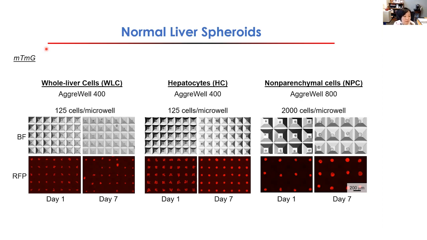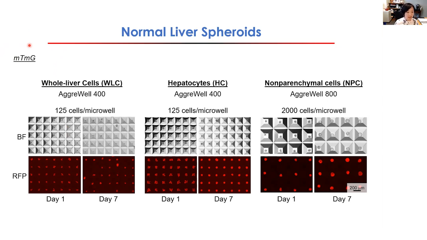And we use a mouse strain called mTmG. This mouse strain has a very strong tdTomato, a red fluorescent protein, expressed in every single cell of its body. So when we get the liver cells out, they all have RFP expressed, so we can easily visualize these liver cells under the microscope.